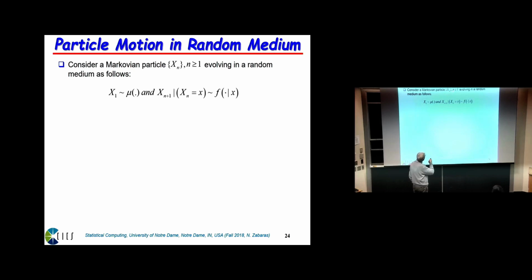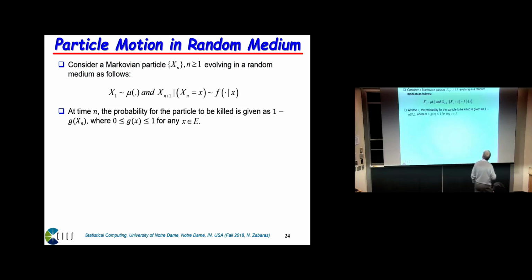It's a random variable that evolves with time. And I sample x1 from some initial distribution. This is my transition model, exactly as before, okay? And let's say that we're interested in the probability of some failure, or in this case, I call this the probability of the particle being killed. All right, some rare events, right?